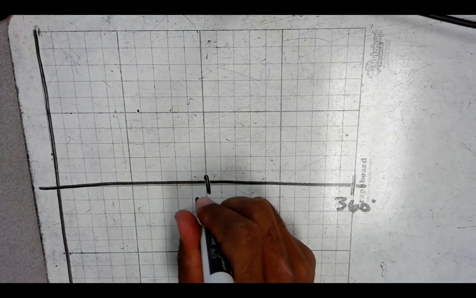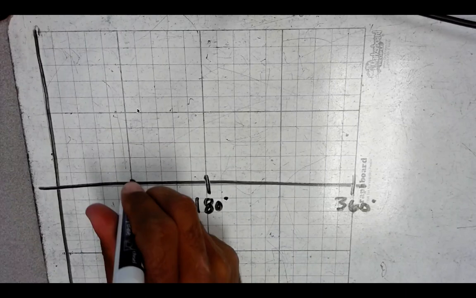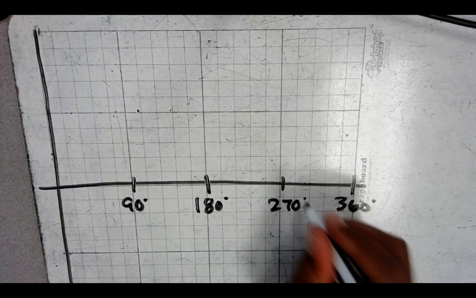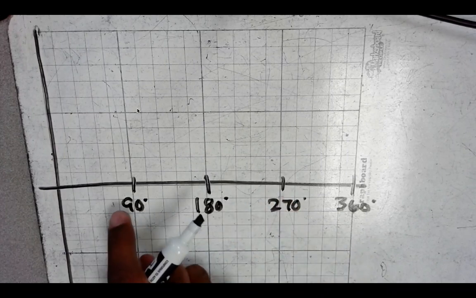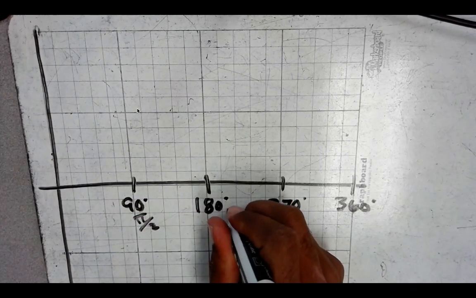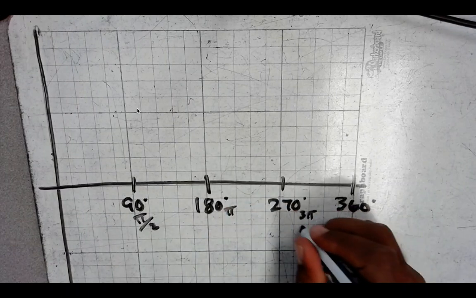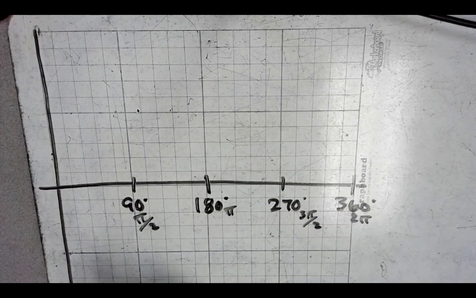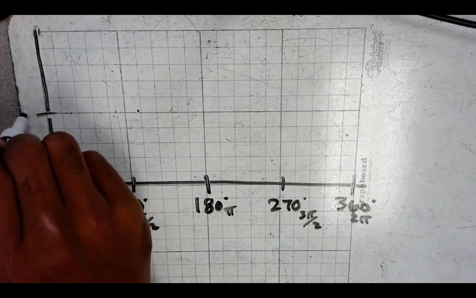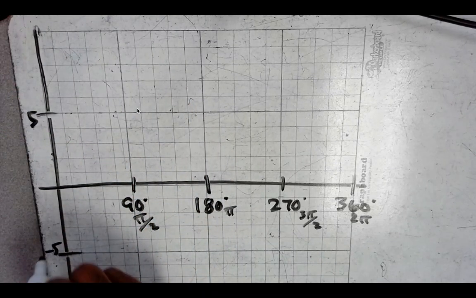The middle then is 180, and these two marks are every 90, so that's 90 and that's 270. And just remember, your graph might not be in degrees, it might be in radians. So this would be pi over 2, this would be just pi, this would be 3/2 pi, and this would be 2 pi. And then we'll just go by ones here on the y-axis. So that'll be 5 and that'll be -5.